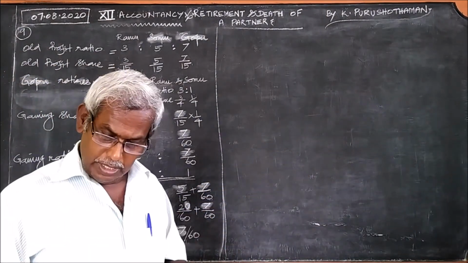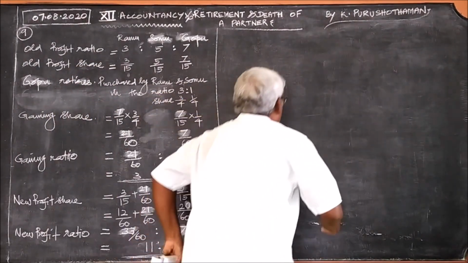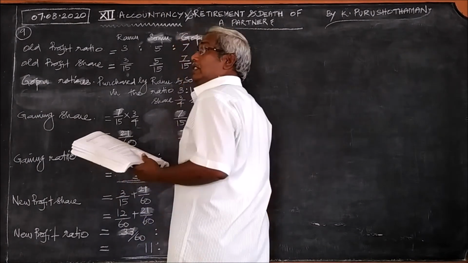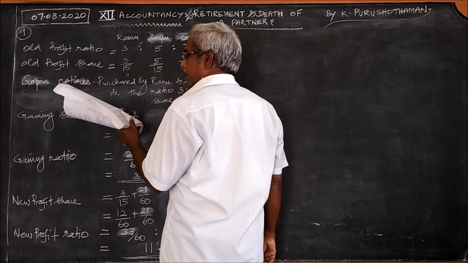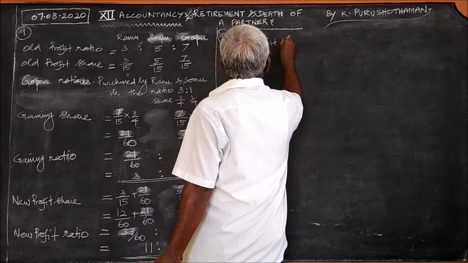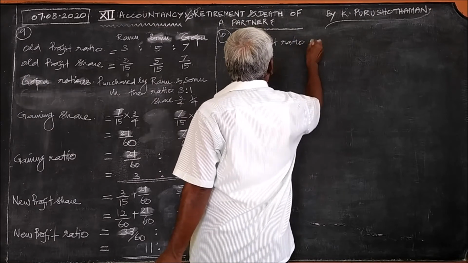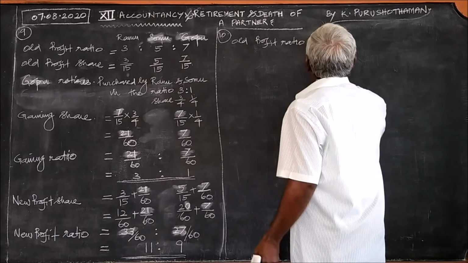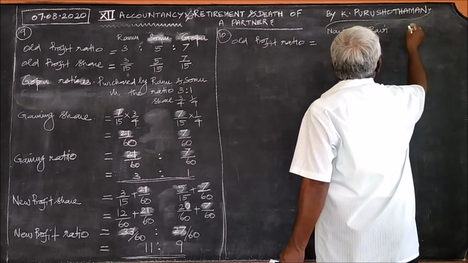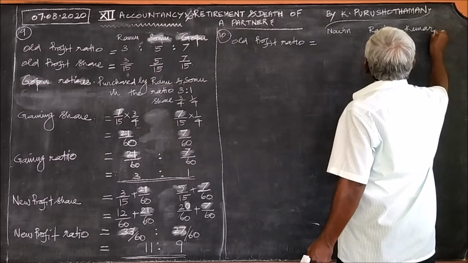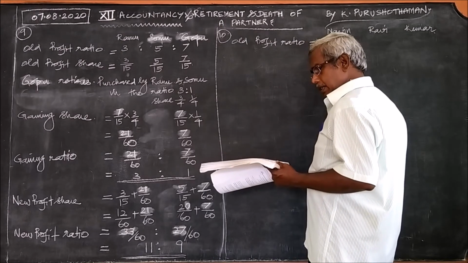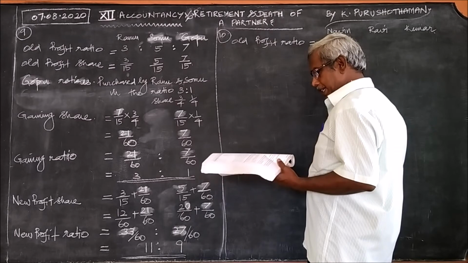We shall pass on to question number 10. Naveen, Ravi and Kumar are partners sharing profits in the ratio.